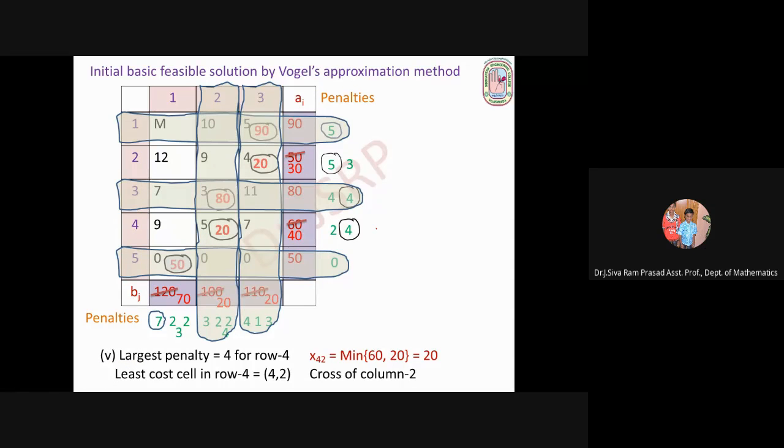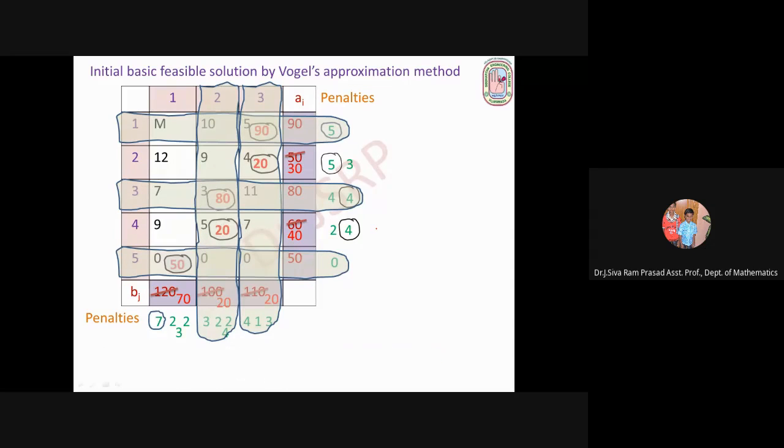Okay. So finally, we have only 2 cells. Among these 2 cells, take the least cost cell. The least cost cell is the 4-1 cell. Okay. For this, available amount 40 and required amount 70. So x41 equals minimum of 40, 70. That is 40. Write 40 here and circle it.